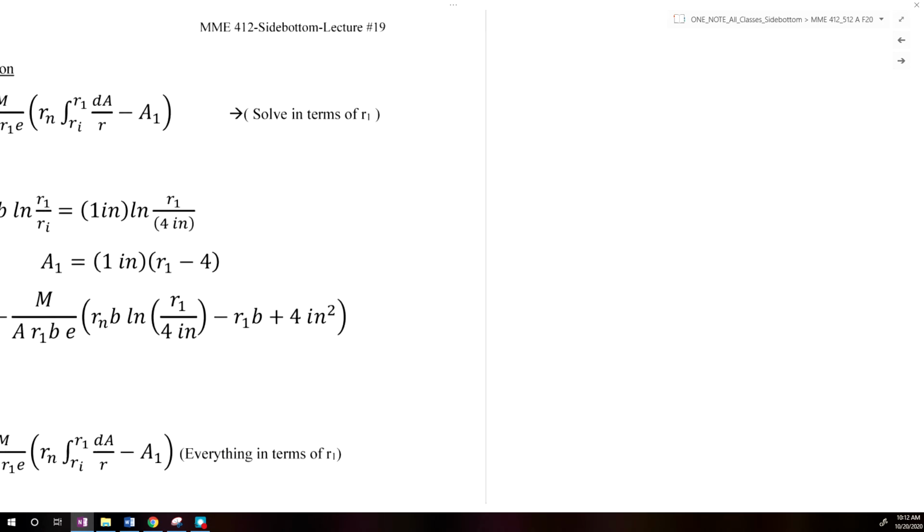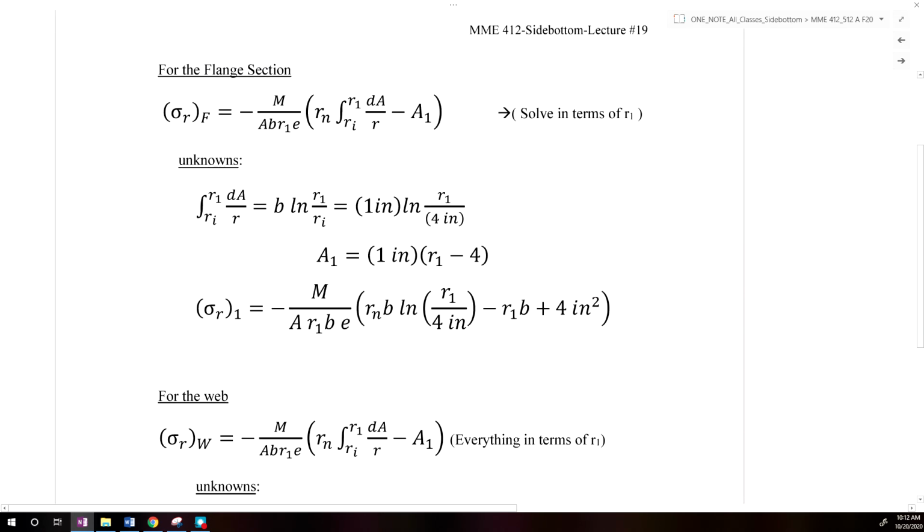So for the flange section, we can calculate the radial stress using this equation. Now we know the moment, we know the overall cross-sectional area, we know the base of our section, and we know the eccentricity; R1 is our variable.